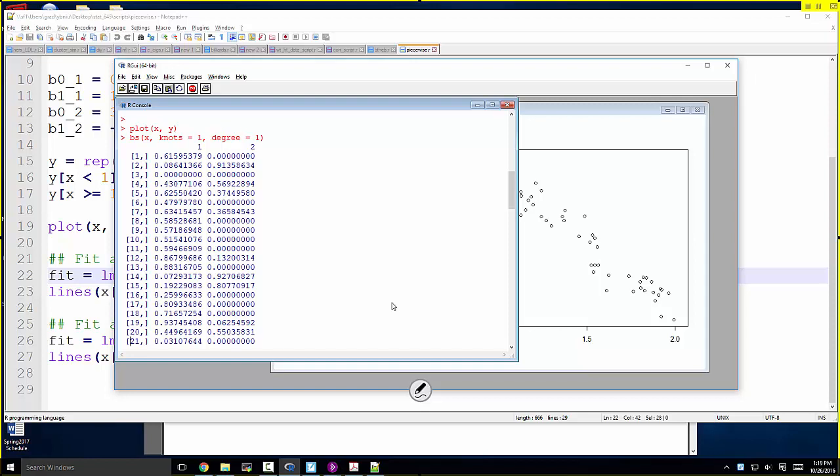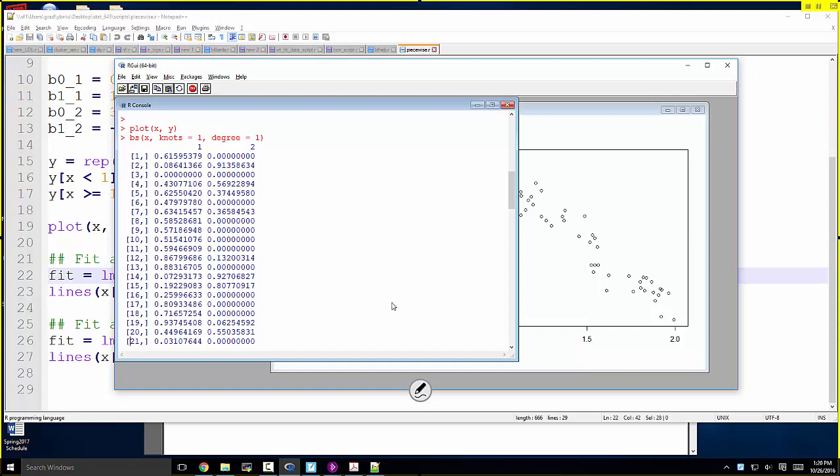So a B-spline is mathematically sophisticated in what it's actually doing, so it's hard for me to show you exactly what these numbers are. But it is able to represent this piecewise linear model with just two coefficients.